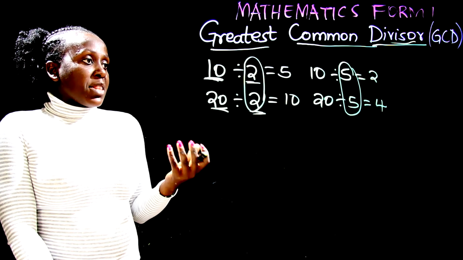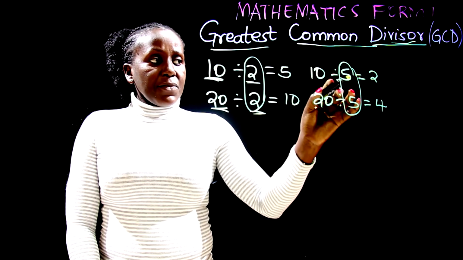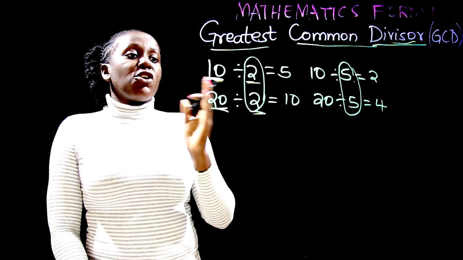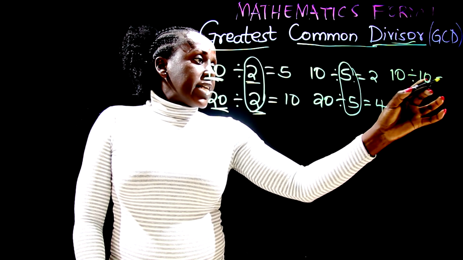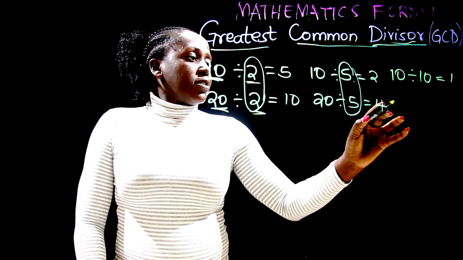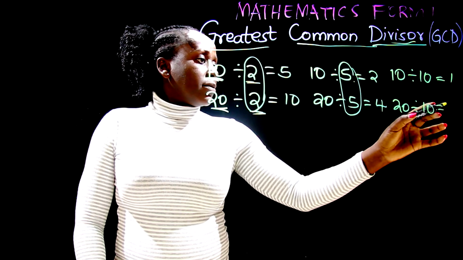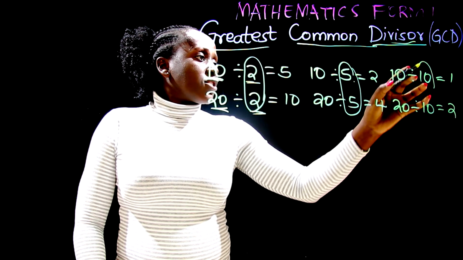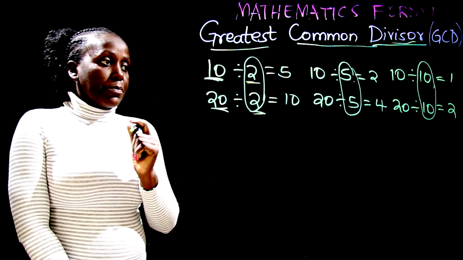Let's say there's another number that can divide 10 other than 2 and 5. 10 can also divide 10. So 10 divided by 10 is equal to 1. Then 20 divided by 10 is equal to 2. So 10 is also a common divisor for both 10 and 20.